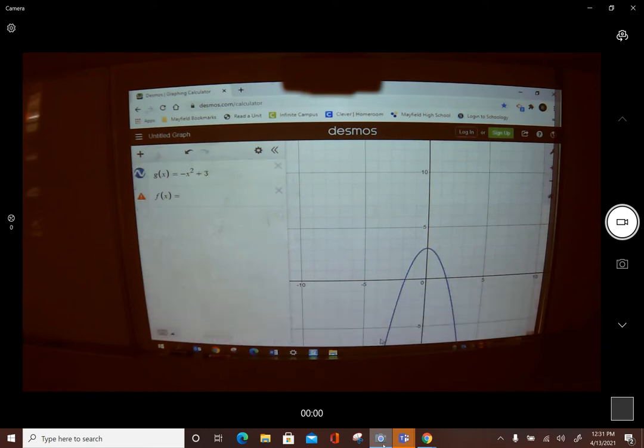And hopefully you notice something, it's turned down. That's what a negative x squared does, okay? Nothing else will matter. If the x squared is negative, it points down. If the x squared is positive, it points up.